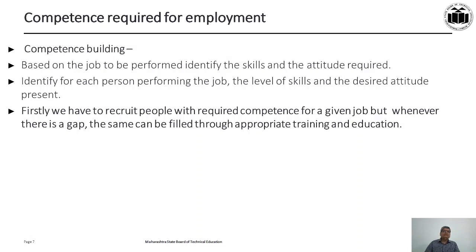So firstly, we have to recruit people with the required competence for a given job. So first thing is that you have to recruit people, and you confirm that they have the required competence while selecting them. And whenever there is a gap, if you find there is a gap in a particular skill or a particular type of attitude, the same can be filled through appropriate training and education.